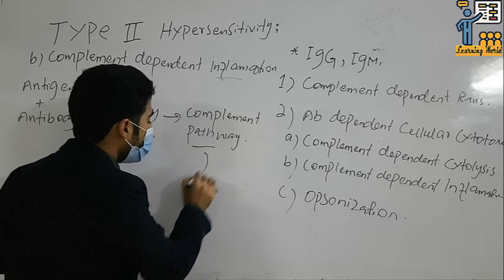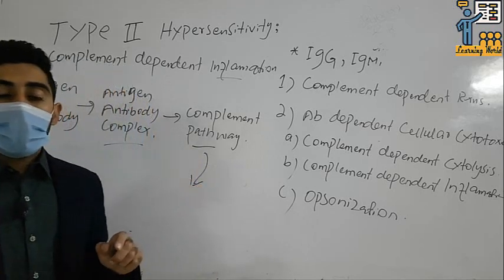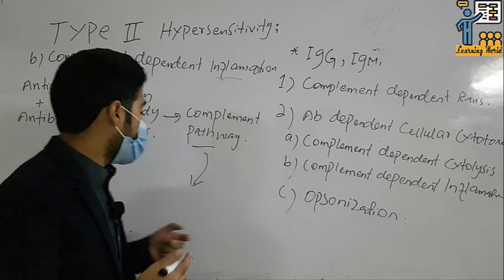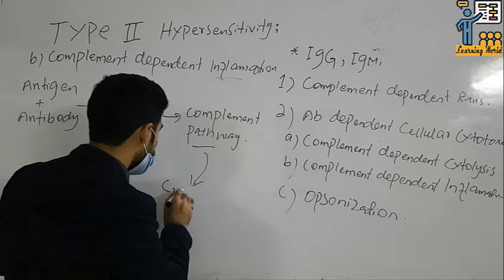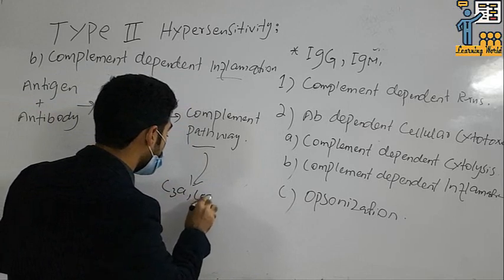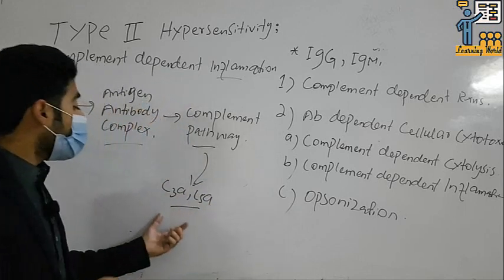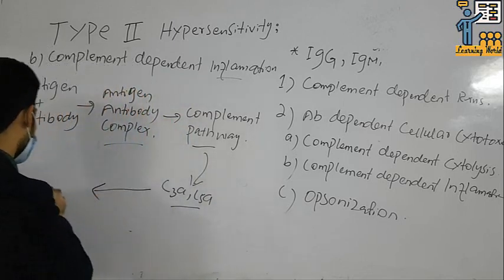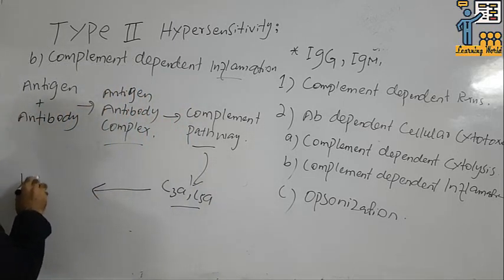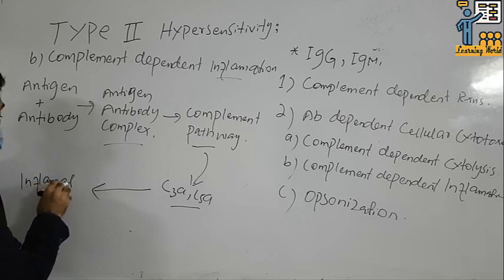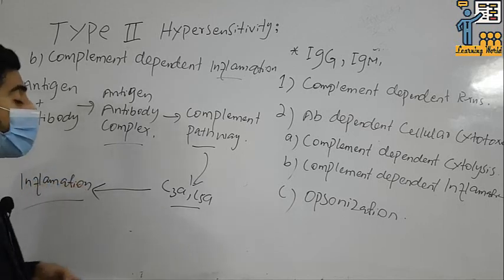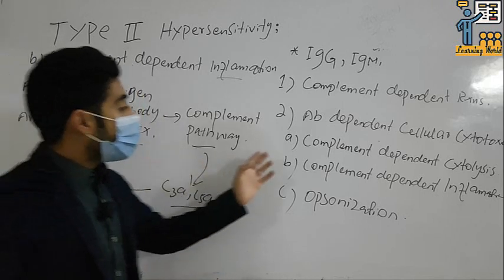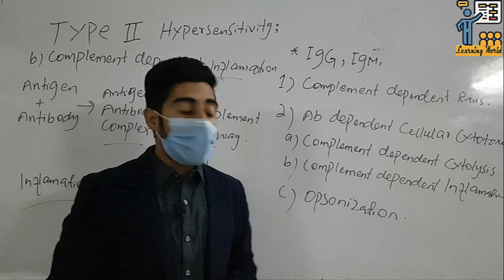When they activate the complement pathway, C3a and C5a will be activated. These C3a and C5a are responsible for the inflammation, and inflammation will occur. This is all about the complement dependent inflammation.